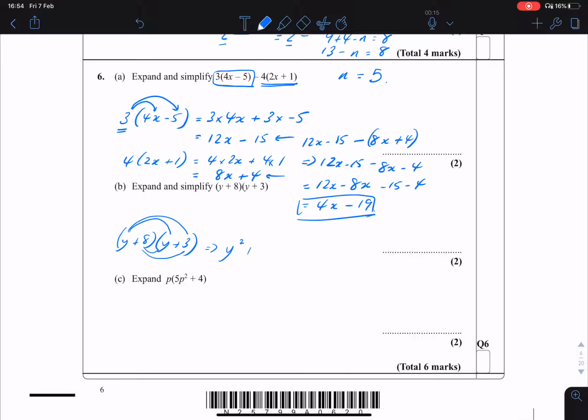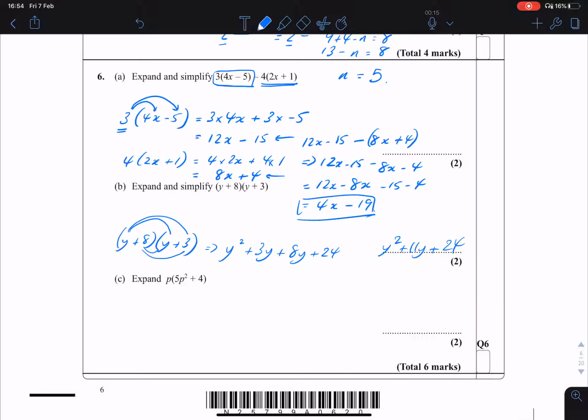My outer ones is 3 times y. My inner ones is 8 times y. And my last one is 3 times 8, which is 24. So I get, don't need to go to the next line for that one, y squared plus 11y plus 24.